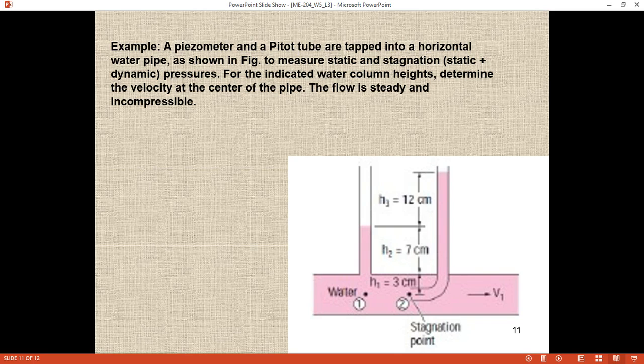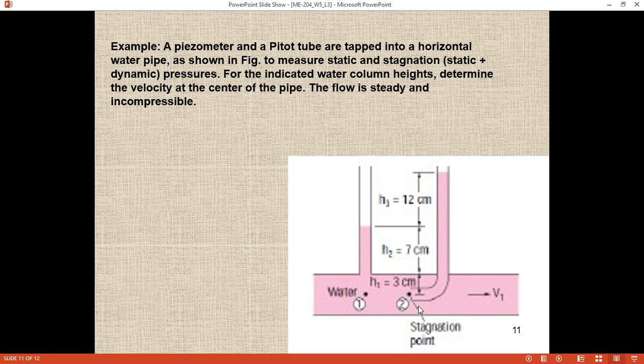And if you know the dynamic pressure, you can easily calculate the velocity of the fluid. The piezometer and pitot tube are tapped into a horizontal water pipe. So this is the horizontal water pipe, this is the piezometer tube, and this is the pitot tube. It is always L shaped.